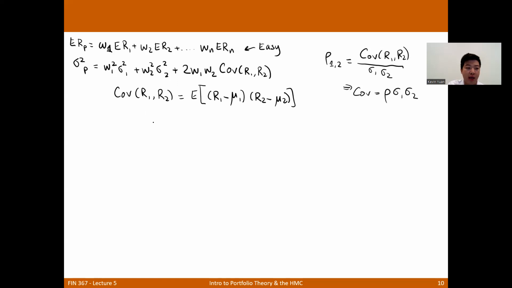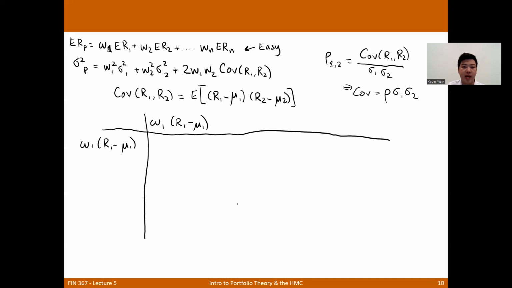So if we were to draw a covariance variance table, let's say we have weight 1 over here, and then we have R1 minus mu1 right there. And then we also have weight 1 times R1 minus mu1. Kind of draw a little mini table over here. We want to understand why this equation is so nasty.